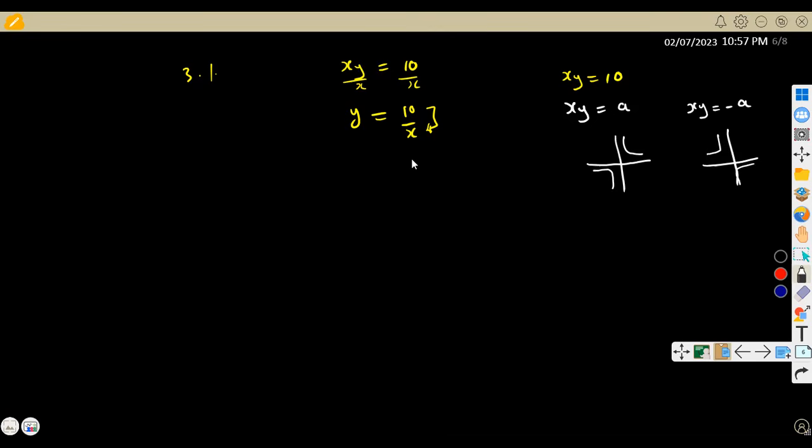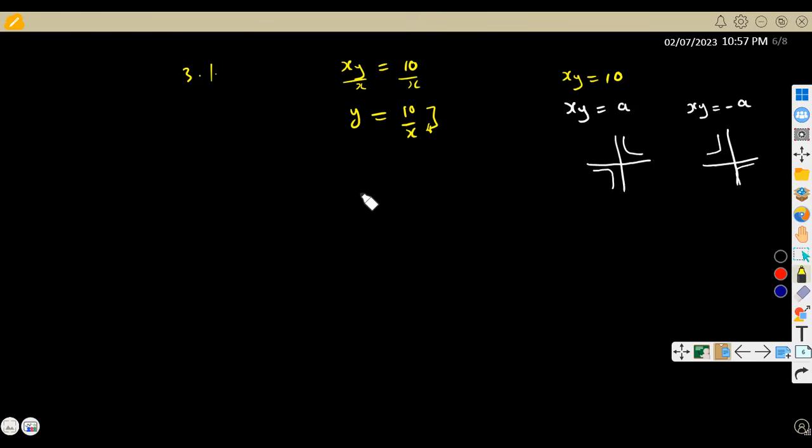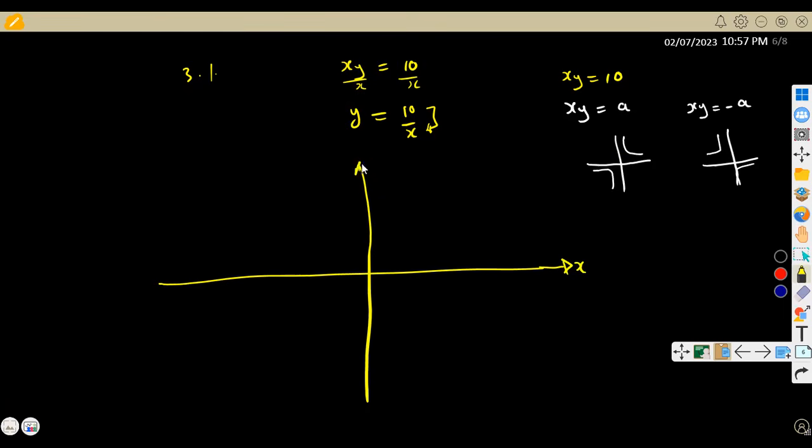So in this case, we are given that our xy is equivalent to 10. So that means we are going to have it the same way as when it is a positive. So that's your x here, your y there. So we are going to have the same shape as it tends to approach y, and also here it tends to approach x.